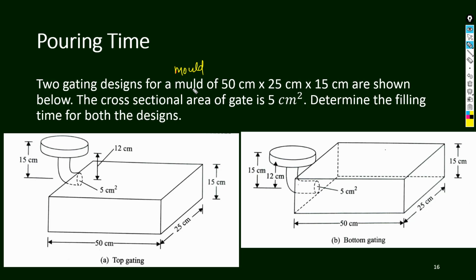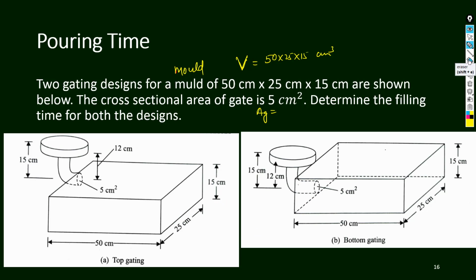The cross-sectional area of the gate, Ag, is given, and the volume V is equal to 50 into 25 into 15 centimeter cube. We have to determine the filling time for both designs. Which kind of designs are these? You see here, this is a top gate, and here this is a bottom gate. So we have to calculate the time required in the top gate and the bottom gate.